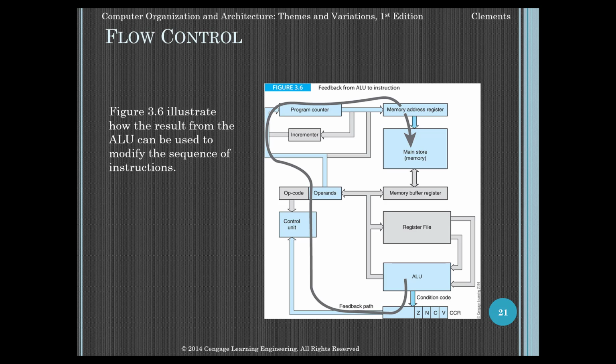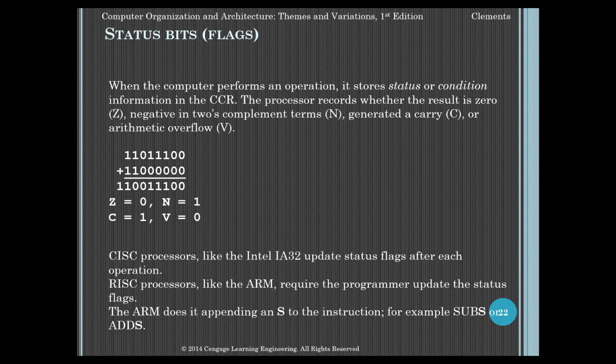And so the processor records whether the result is a 0, let's say a Z, or negative in 2's complement terms, so we might use an N for negative, or if it generated a carry, which would be a C, or if we had an arithmetic overflow, because remember, we also need to know if that happened, which we would use a V.